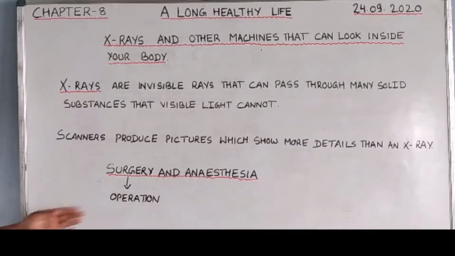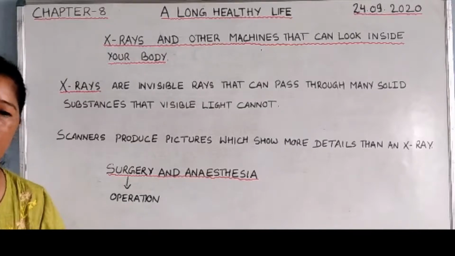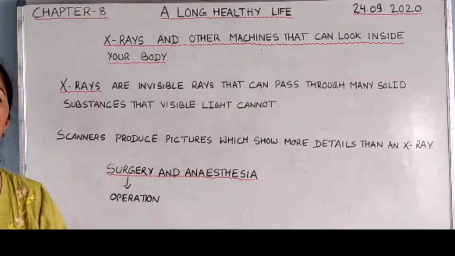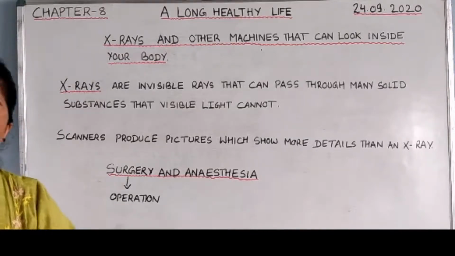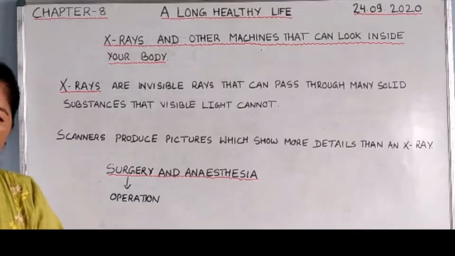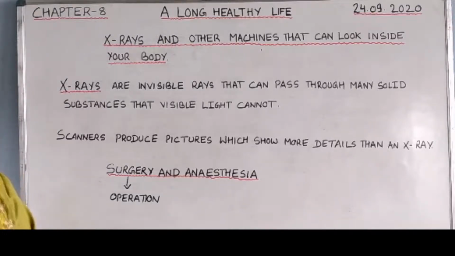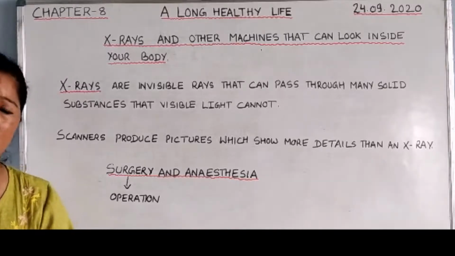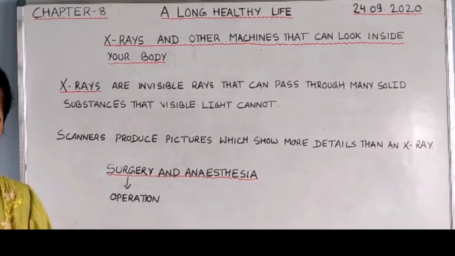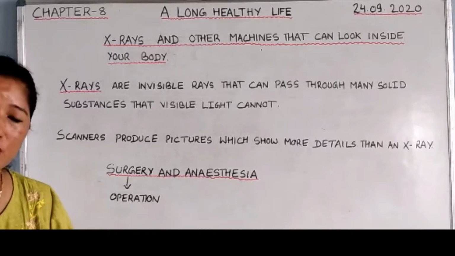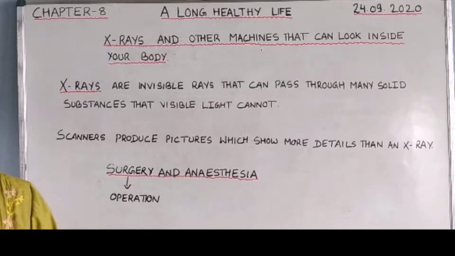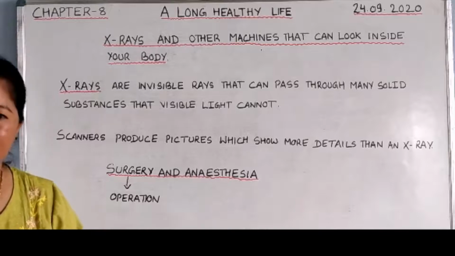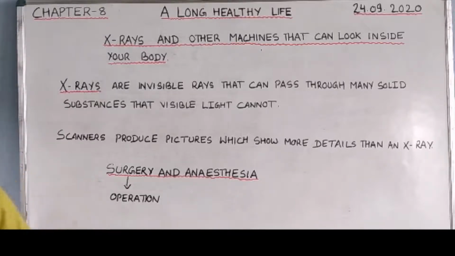Now next one is surgery and anesthesia. Surgery, as you all know, is the term you use for operation. Sometimes the body of a human being needs to be cut open so as to cure diseases, and this is done by expert doctors. The doctors operate on the human body and come to know the part which has been infected and has caused the illness.